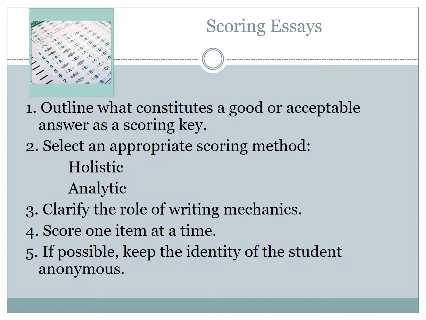Then I want the majority of my rows on the rubric to be about the content and the skills covered by the objective. So, for example, if I want to have students identify motivation from a character, that would be something you could do in an essay. I want to have most of my point values be about identifying motivation in a character.